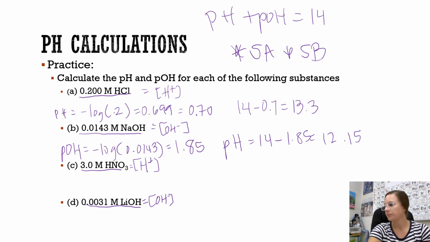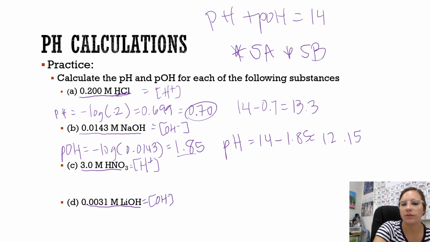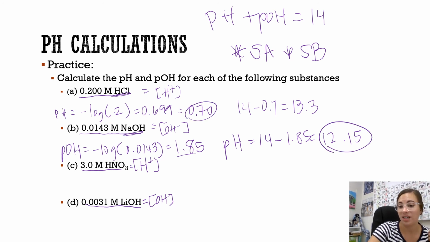Something you can realize if you accidentally make a mistake: if you told me that the pH of sodium hydroxide was 1.85, you should be like, oh, wait a minute, that's acidic, and sodium hydroxide is definitely a base. So it clues you in that you made a mistake. So here we have an acid, so as we expect, we have a low pH, whereas here we have a base, so as we expect, we have a high pH.